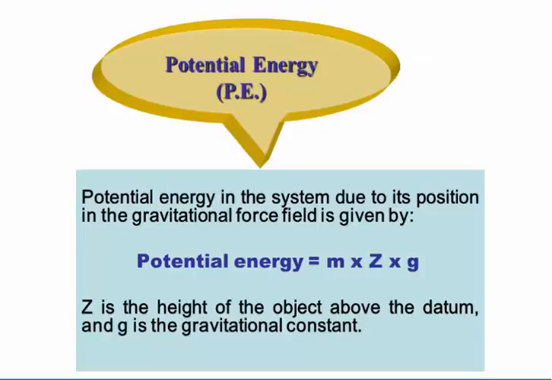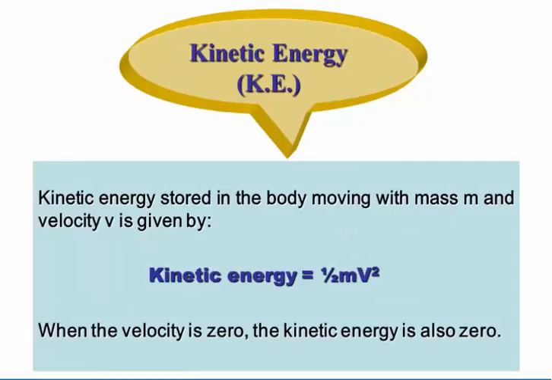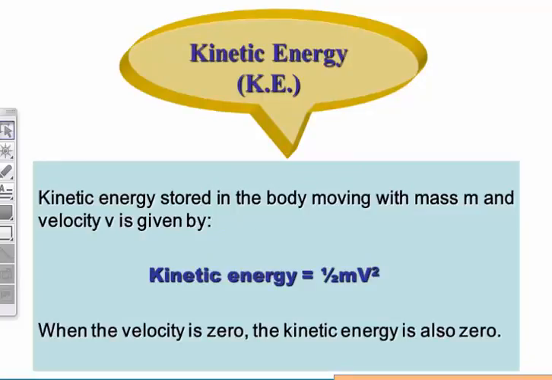Now, to work out what our potential is, obviously we said it's about the gravitational force. So potential energy is your mass times the height of the object above the datum times gravity. Those three together give you the potential energy of an object. Kinetic energy, we said, is the speed that gives it the energy, so you're going to expect velocity to be involved.